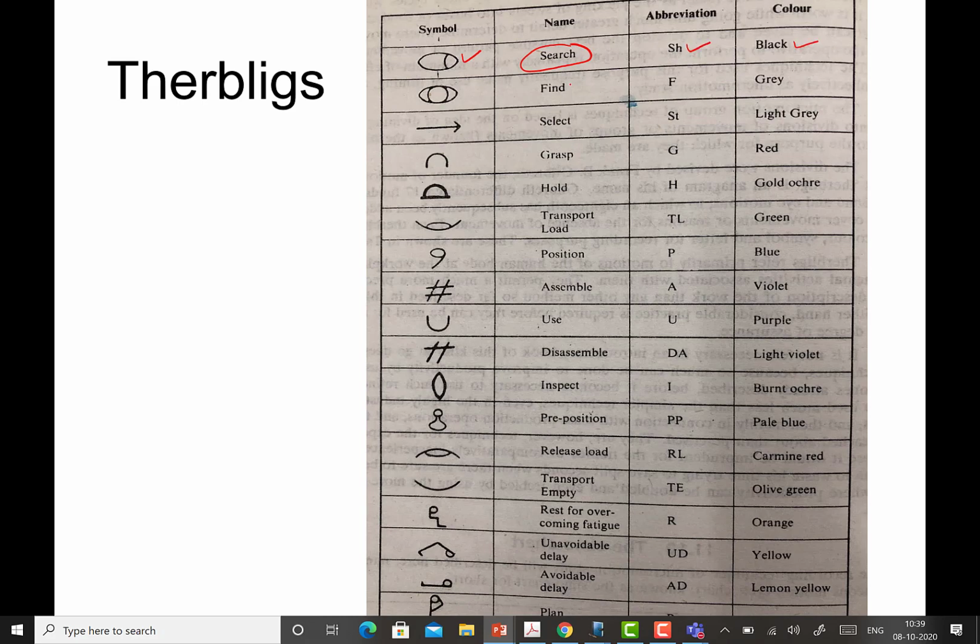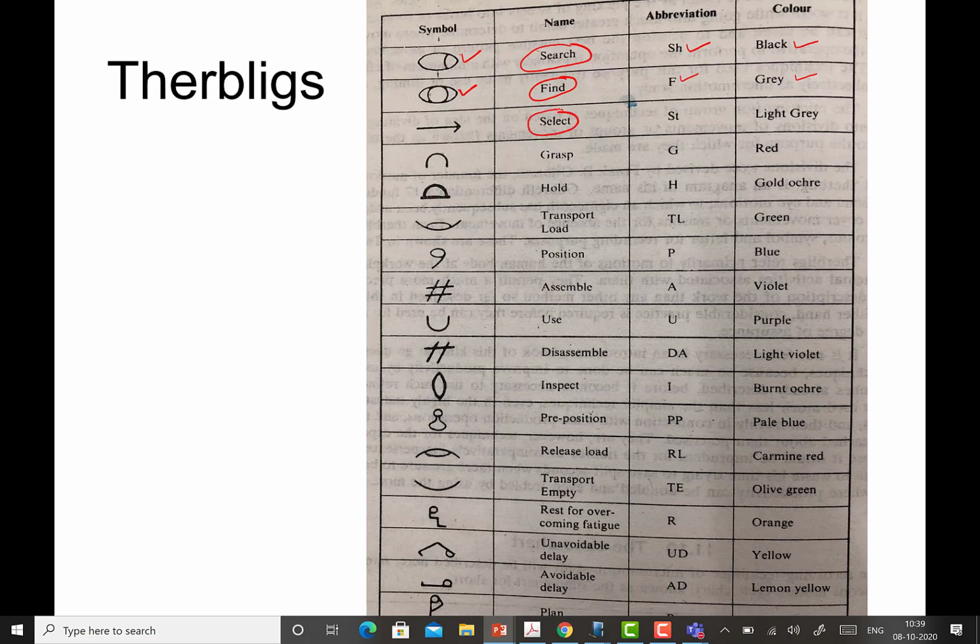When you find something, the symbol is F and the color is gray. You are looking for something, this is the symbol, and when you get it, this is the symbol.